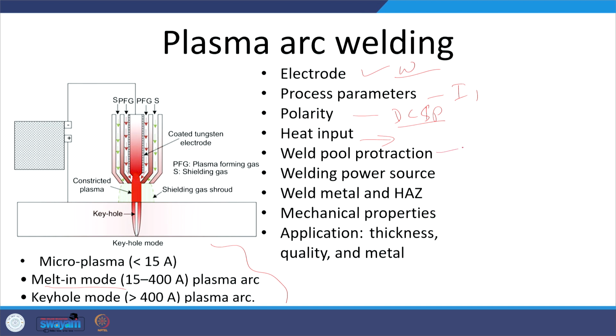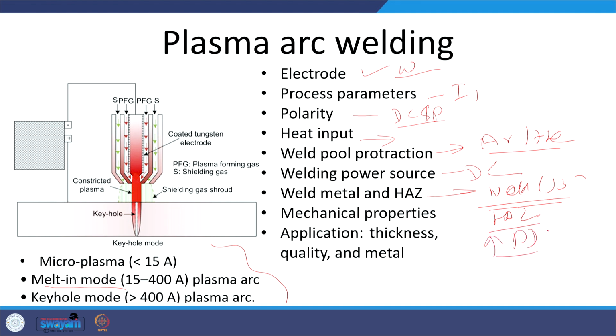Just like GTAW, protection is very good because it also uses argon or helium gas, then the power source is DC, and for the weld metal and HAZ properties, our weld cross section is further smaller and the HAZ is further finer because of the higher power density associated with plasma arc welding and the lesser heat input.